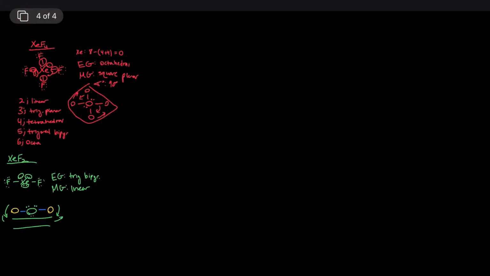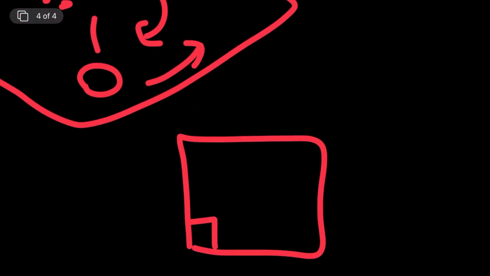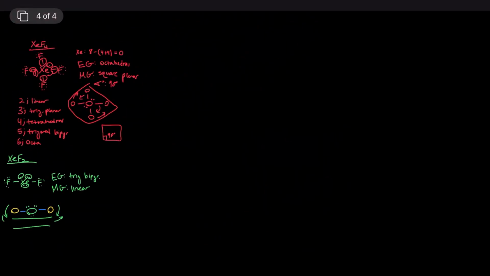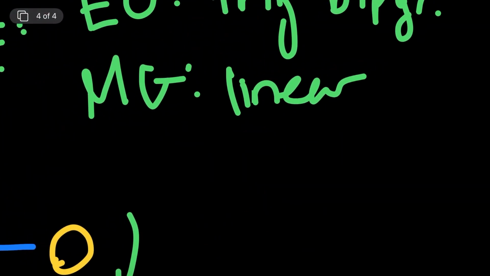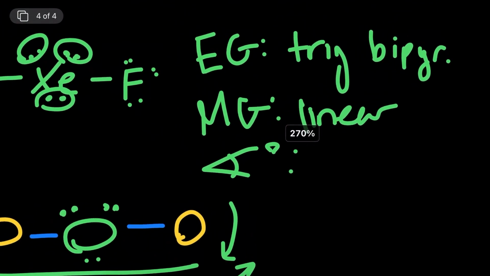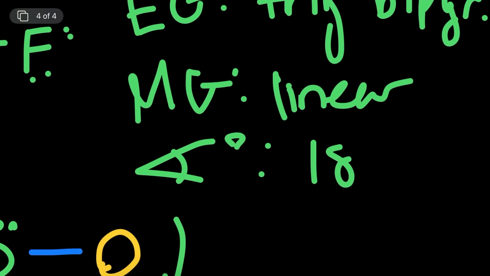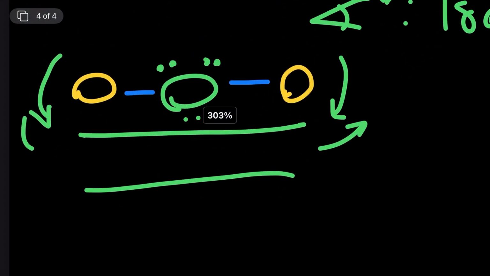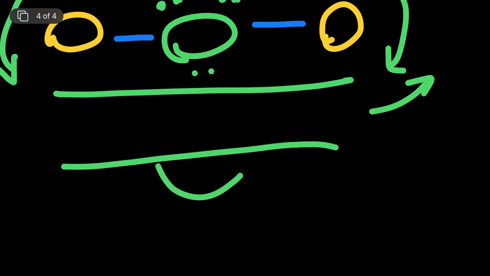Just think about having a square. In this case, this angle would be 90 degrees. So that's one way you can memorize it. In this case, for xenon difluoride, the bond angle would be just 180 degrees. Once again, think about it like a line. This angle would just be 180 degrees, the horizon.